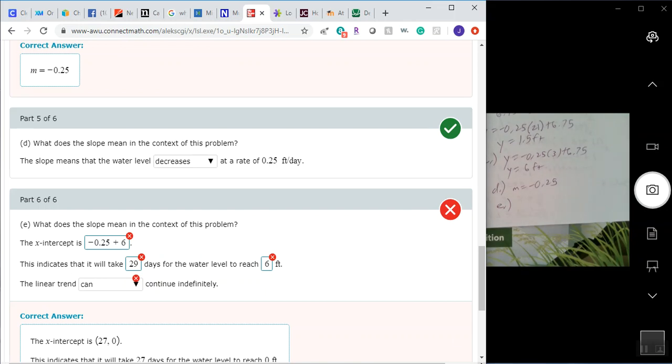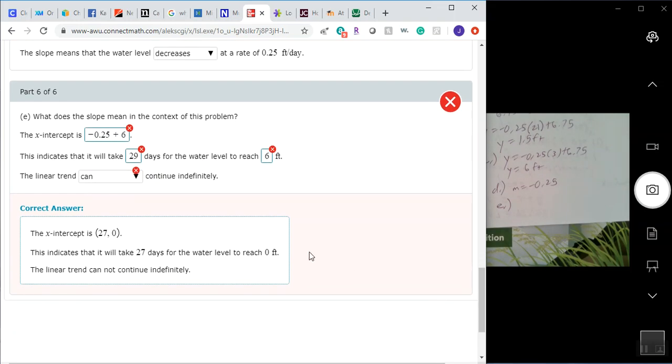All right, now we go here to E. E states, what does the slope mean in the context of the problem? The x-intercept is, wait a minute, what does the slope mean in the context of the problem? That is weird.